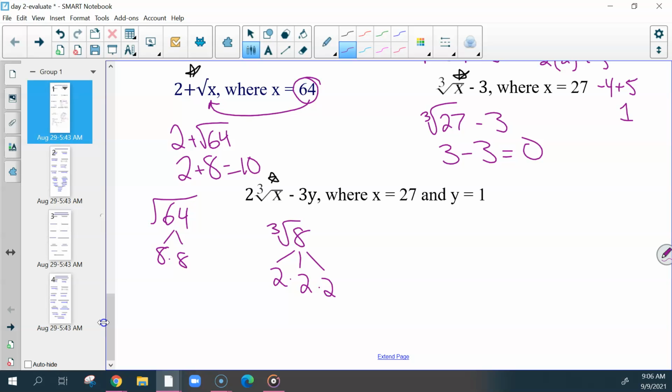The cube root of 27. So we're looking for some number that multiplies to be 27, but it has to be the same number 3 times. So you could try this if you're not sure. 1 times 1 times 1 is just 1. 2 times 2 times 2 is 8. 3 times 3 times 3 would give us that 27. So that's how we got that 3.